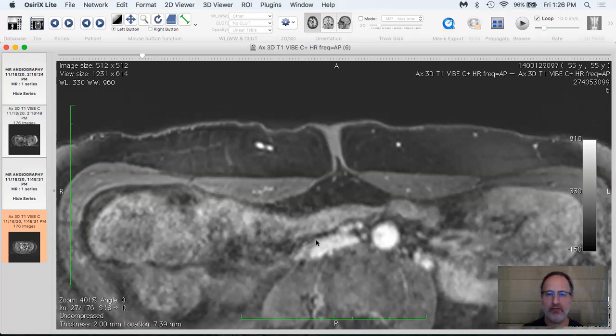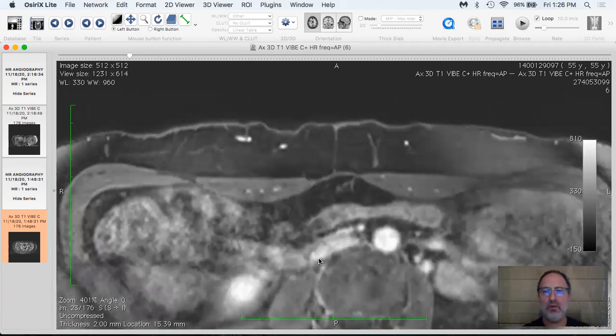This is the vena cava, and anything that has a white or lighter color has the contrast in it, which is exactly what we want. The contrast is opaque to the MR angiography machine, so that it lights up very nicely, and anything that lights up is a blood vessel because the contrast has been administered through the patient's vein.